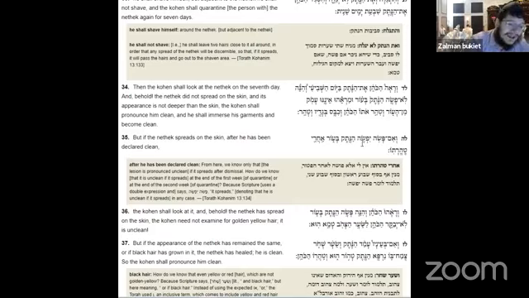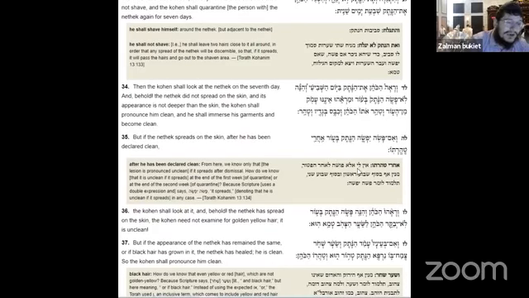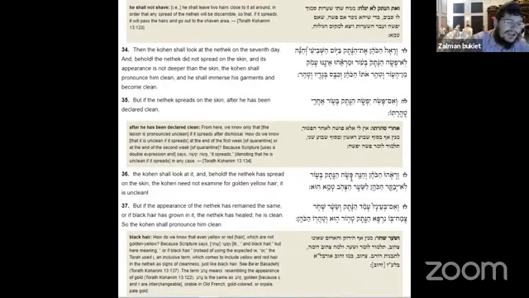But if the netek does spread ba'or on the skin, after he has been declared already clean, if the kohen looked at it and behold, the netek did spread on the skin, you don't even have to look to see if there's going to be golden yellow hairs, because he's already unclean if it continued. So that's the point of shaving the hair all around the potential tzaras location.